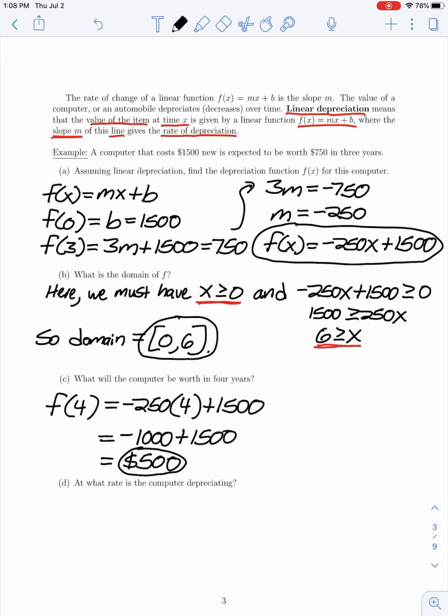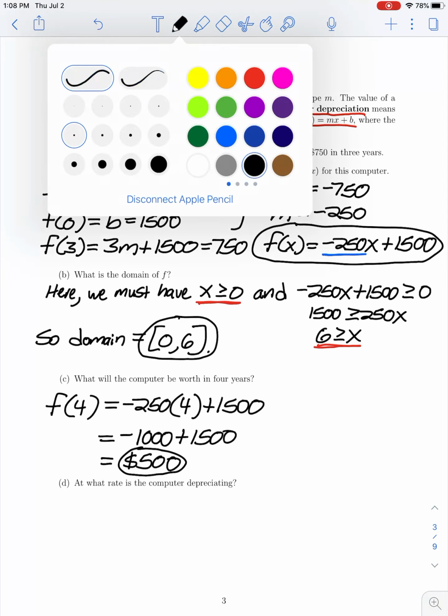And lastly, in part D, we are asked at what rate is this computer depreciating? So recall from our previous discussion that the slope of this linear depreciation function is giving the rate of depreciation. So when we look at the function that we found in part A, the slope of this line is negative 250.